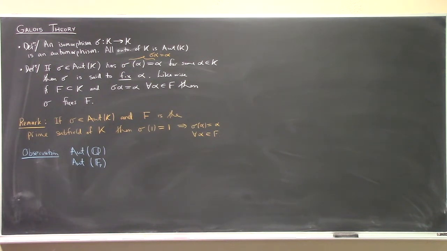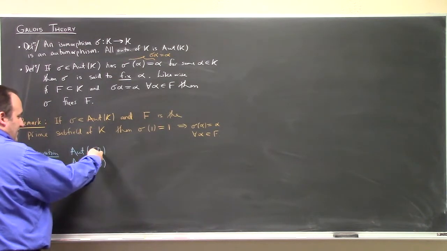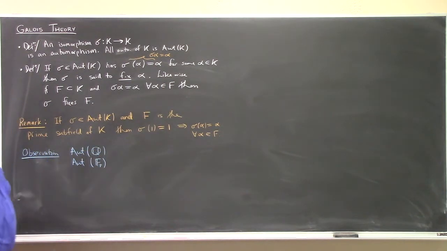We said any automorphism fixes the prime subfield. So sigma was arbitrary in the remark above, and we just showed that sigma of alpha equals alpha for all alpha in either F equal to Q or F equal to F_p. So there's only one automorphism, and it's the identity automorphism.